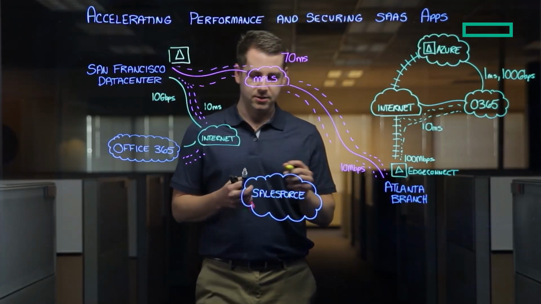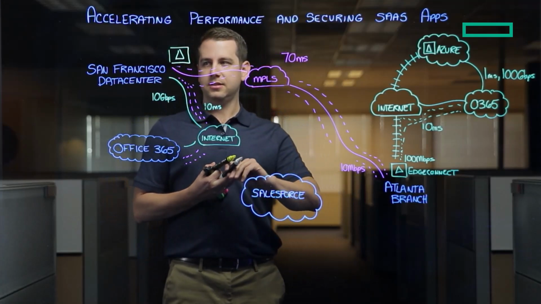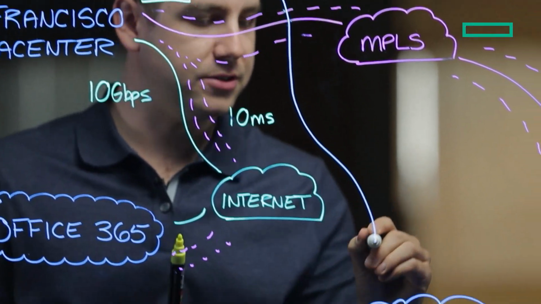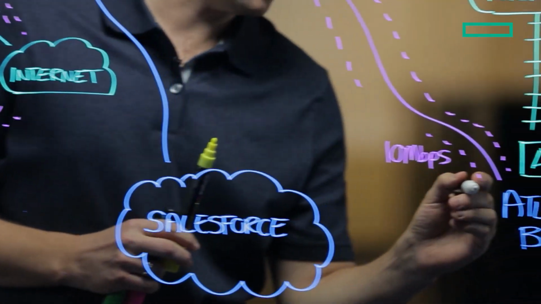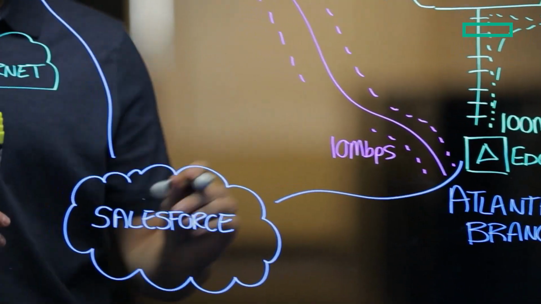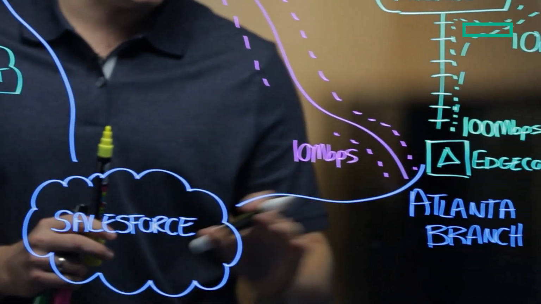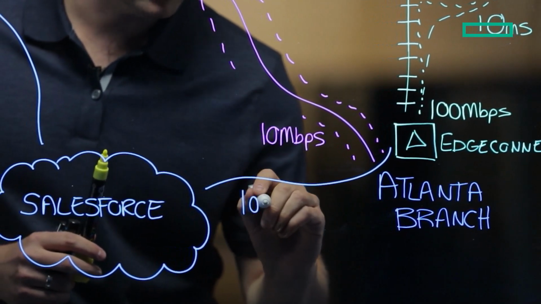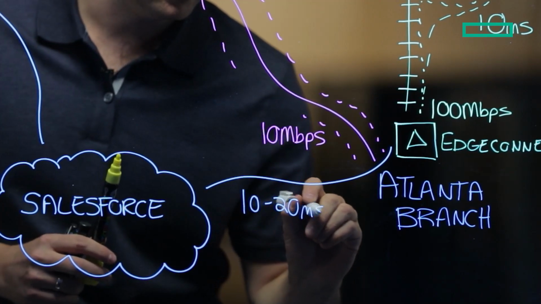And so in this case, what we'll see here is that the EdgeConnect in San Francisco knows about all the different Salesforce subnets, and so does this EdgeConnect appliance in Atlanta. And so for subnets that are in or close to Atlanta, he's going to maybe measure 10, maybe 20 milliseconds of latency.